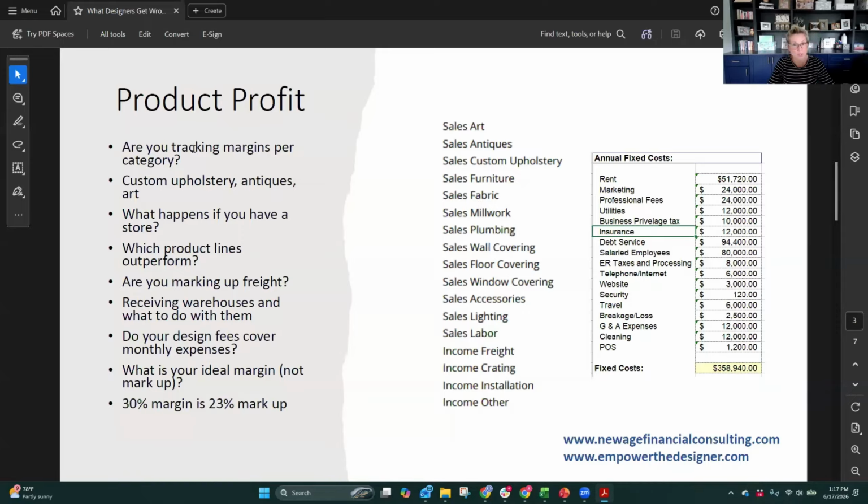So markup, not margin. But then you have a lot of additional factors.